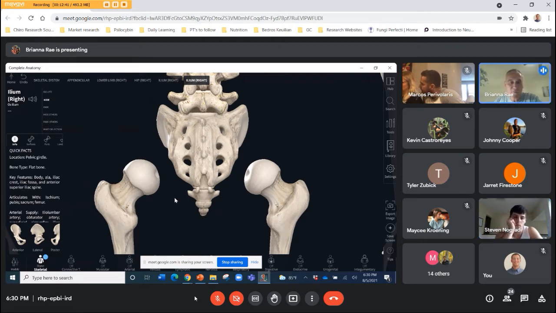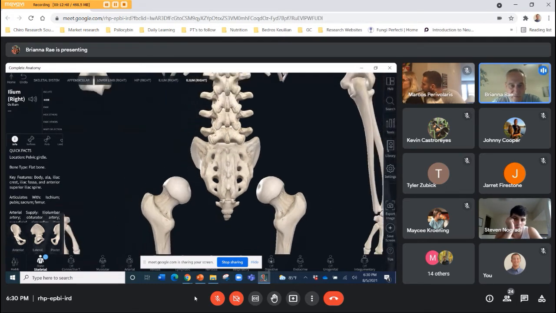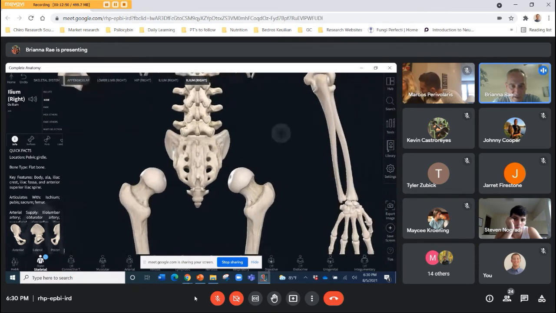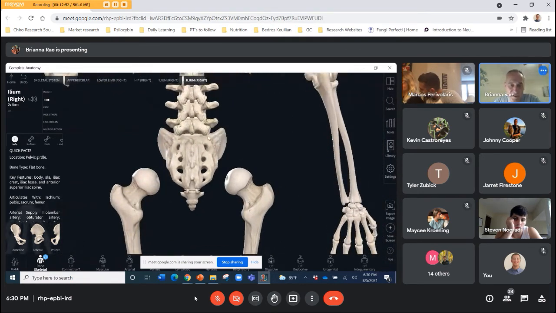You never want to level off the sacrum unless it fits certain rules to be able to do it. There has to be other things going on to decide that, more than just the sacral base being lower on one side than the other. That's a quick answer to a complicated question. It'll make more sense when we go through a few more things for you. Okay, thank you. But yeah, that's a good question too.